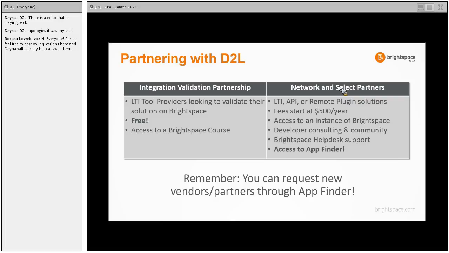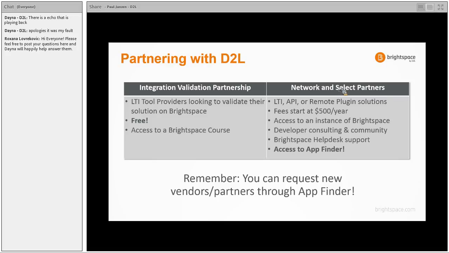The network partnership level really is great for LTI, API, or remote plugin solutions. They get access to their own Brightspace sandbox, so exactly the same level of access as I was showing during today's webinar, the same level of access that you as a Brightspace customer have.